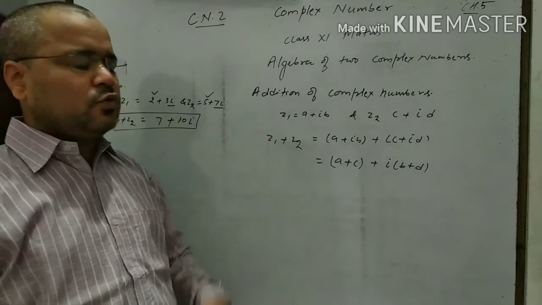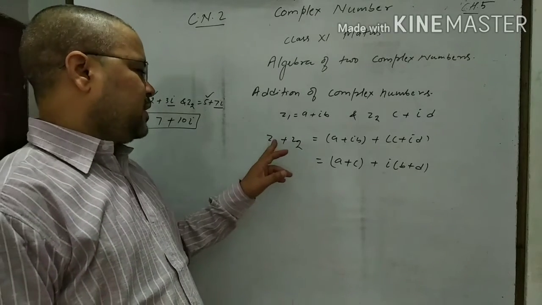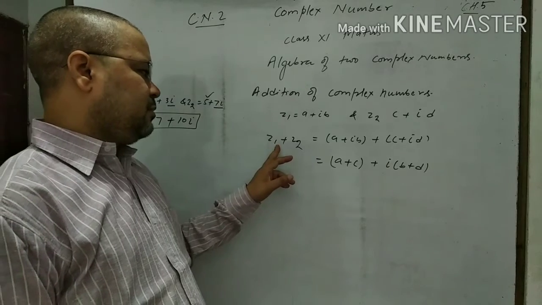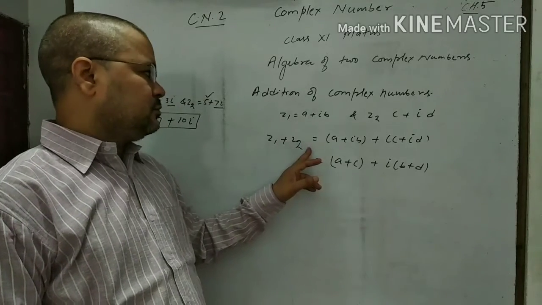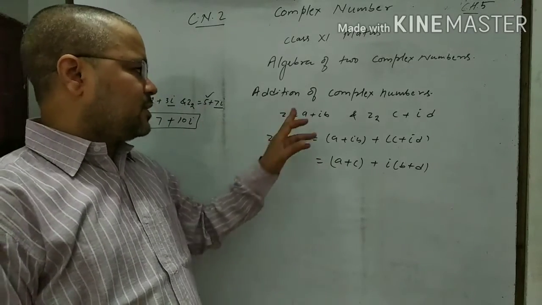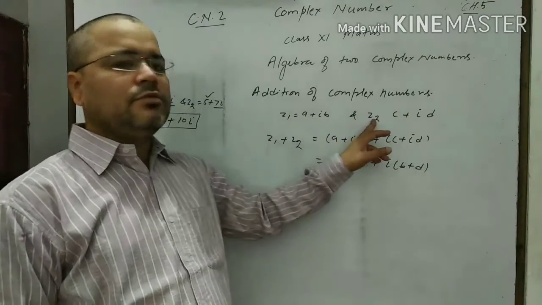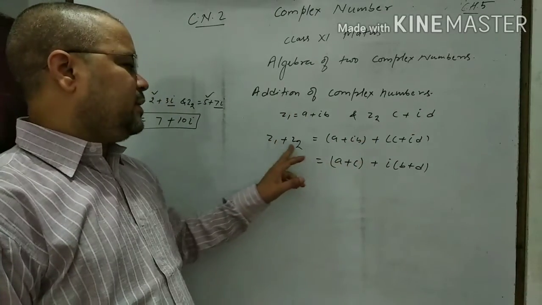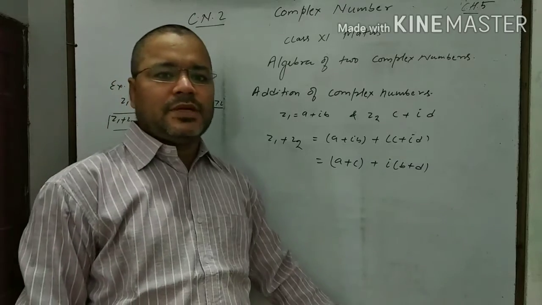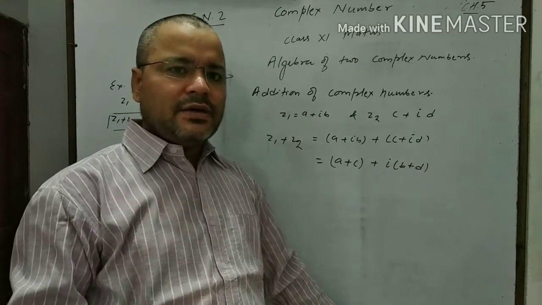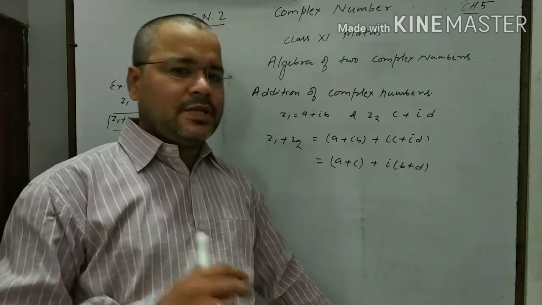From here we conclude that if we have two complex numbers, Z1 and Z2, then their addition will also be a complex number.